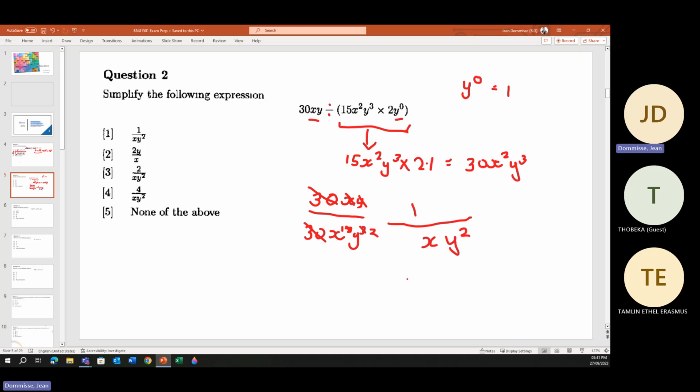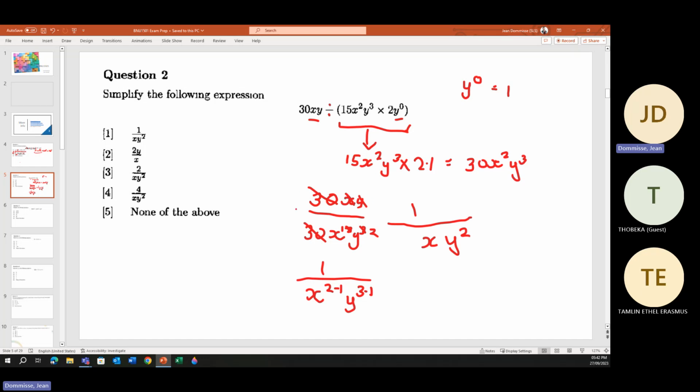So we could have written it also just originally, so that you can see how we get x to the power of 2 minus 1, because we bring down the 1 from the top, and y to the power of 3 minus 1, because we bring down the 1 from the top.